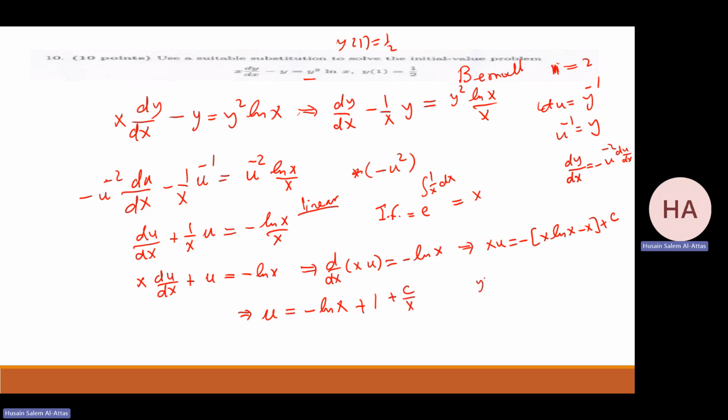Now I have this condition, y at 1 equals half. Oh, forget, no, not yet. That gives me u, which is y to the minus 1. Let me write it this way. So y will be 1 over all of this.